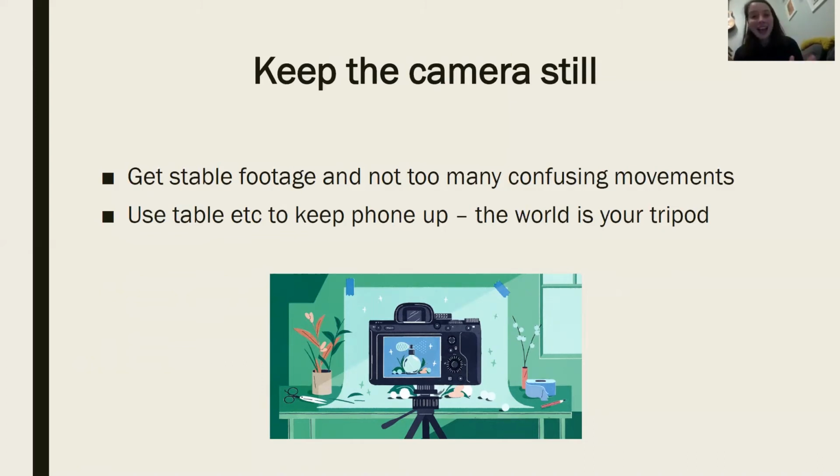And on that note, one thing about hand holding a camera is it can be very shaky depending on what you have. If you're lucky enough to have some kind of in-camera stabilization, maybe in your phone, or a camera or a lens with that, then you might be okay. But stable footage is kind of the difference between what can look like a well put together film versus what can look like an amateur film.